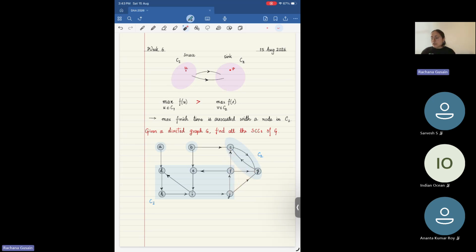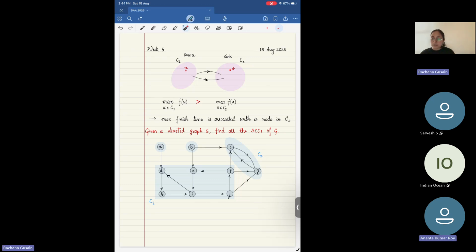So from a vertex in C1, I can go to a vertex in C2. But if I pick a vertex in C2 and want to go to a vertex in C1, that is not possible. And for the strongly connected property, I want paths in both directions. I must be able to reach from U to V as well as from V to U. That is what strongly connected means.